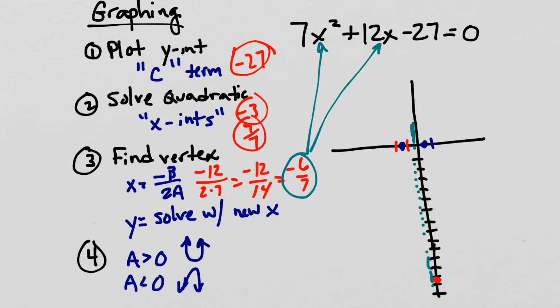So negative 6/7 as a decimal to the second power times 7, plus 12 times negative 6/7, minus 27, which gives us a negative 32.1.